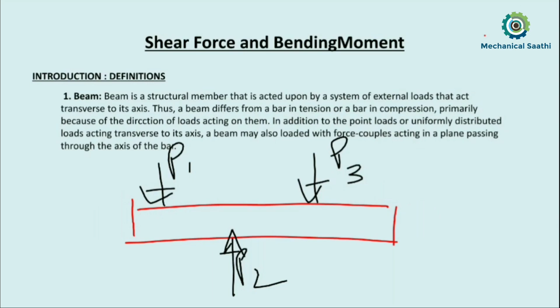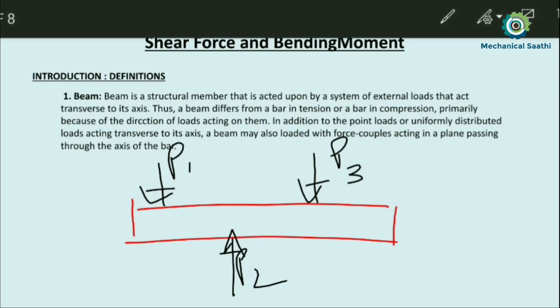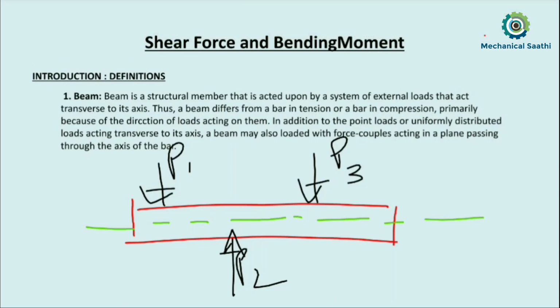I can show the axis of this structural member; the axis will be somewhere here. Whatever forces we have applied are perpendicular to the axis of this structural member, so this structural member can be called a beam.